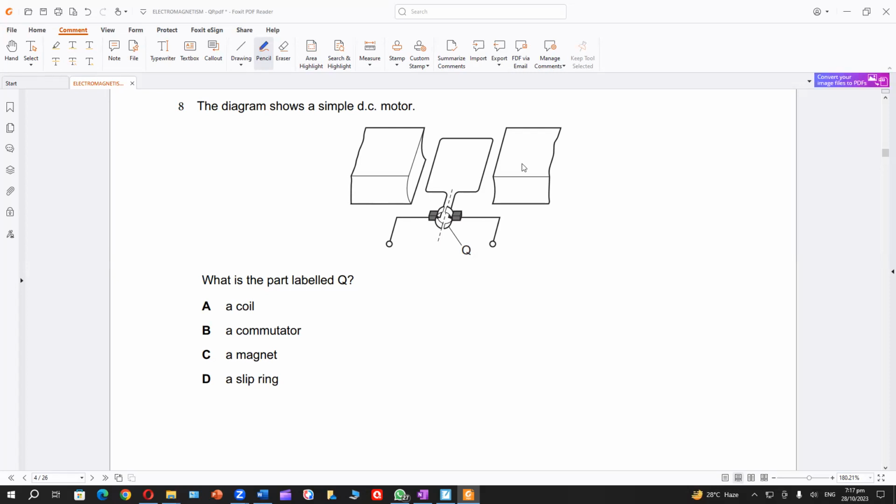A, split ring commutator. Okay, it is a split ring commutator.